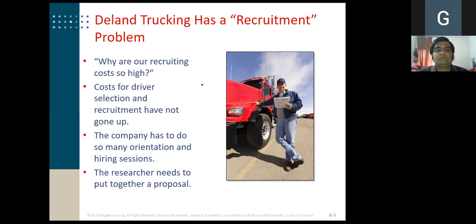Now, how to get a research objective? Suppose I give you a very simple example so that you can comprehend. Suppose whenever we have a fever, we go to a doctor. What does the doctor do? The doctor will tell you to do certain tests. You do this test, you do that test.